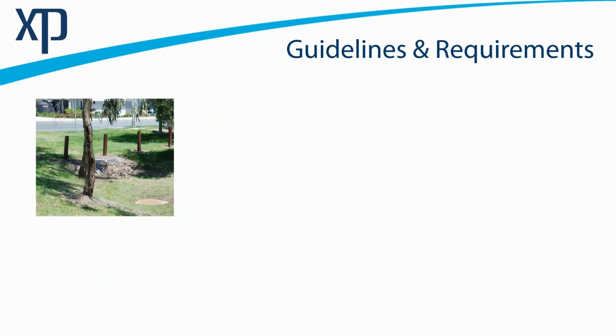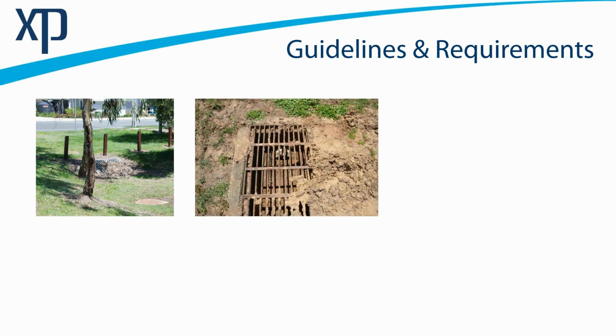So guidelines and requirements. Guidelines and requirements are obviously derived around problems. We try and assess issues, and here's a photo showing a blocked inlet to a drainage system. And these sorts of issues trigger our guidelines. Hopefully your inlets get blocked before our pipe systems.